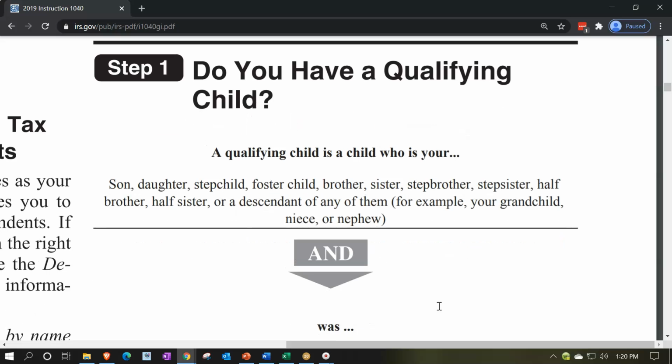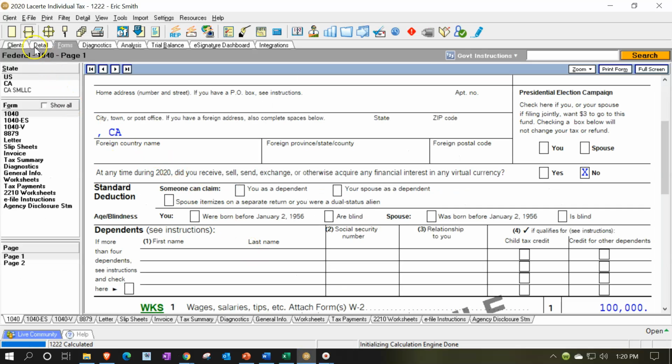A qualifying child is a child who is son, daughter, stepchild, foster child, brother, sister, stepbrother, stepsister, half-brother, half-sister, or descendant of any of them. For example, your grandchild, niece, or nephew. Now, when you enter the dependents into Lacerte, they will typically give you some of those options, which of course will give you an idea.